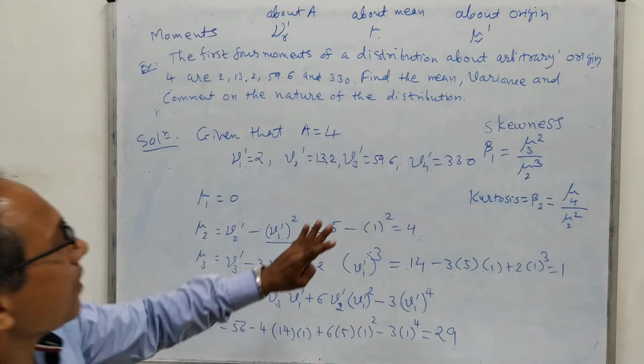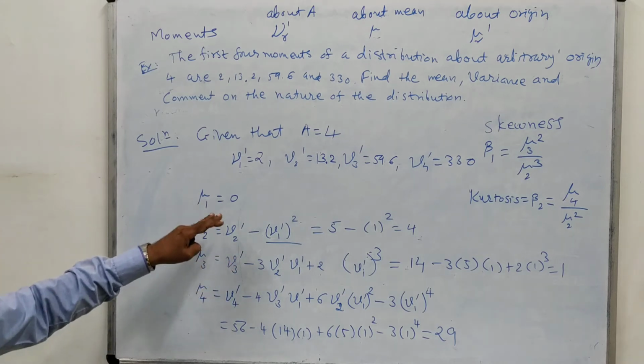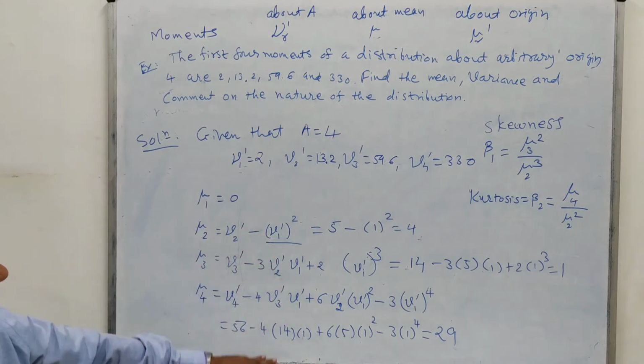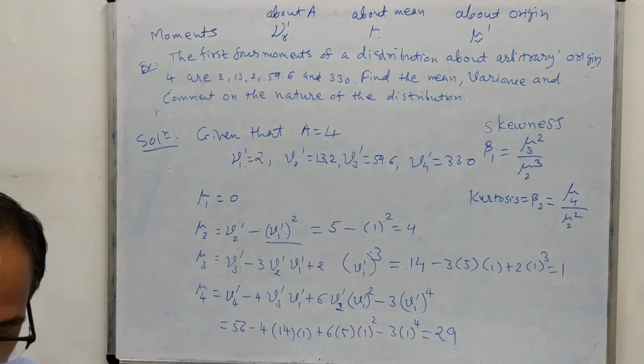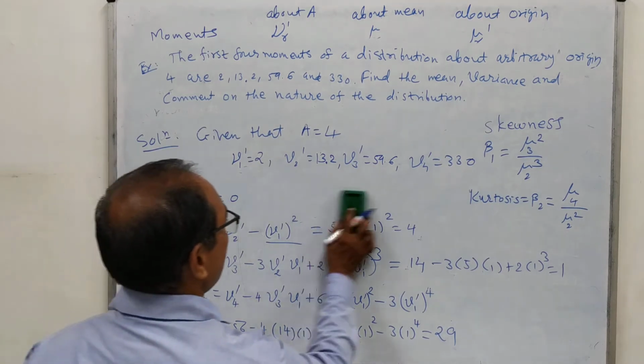So note down these formulas, put in the values, and find them as in the last example. mu1 is always 0.